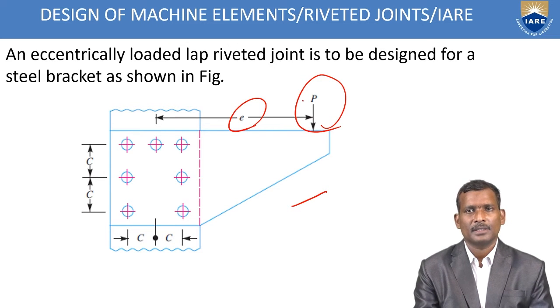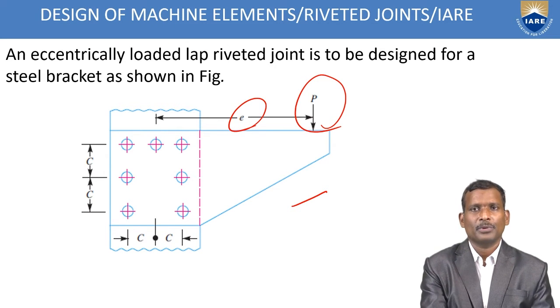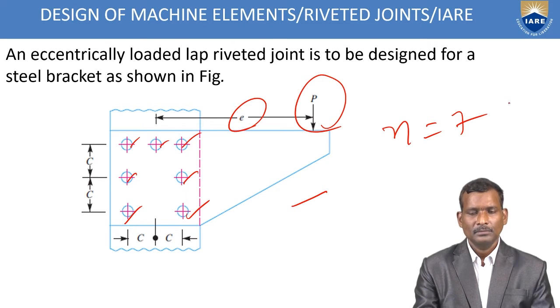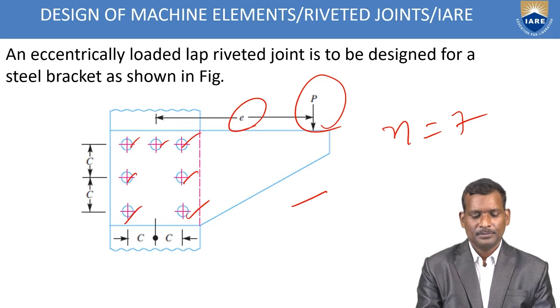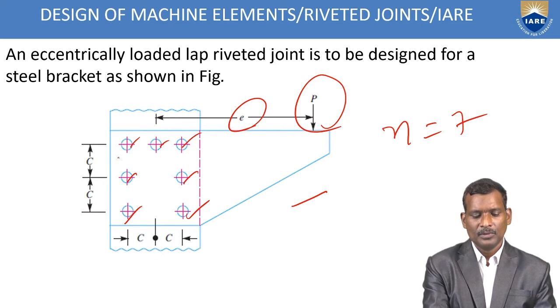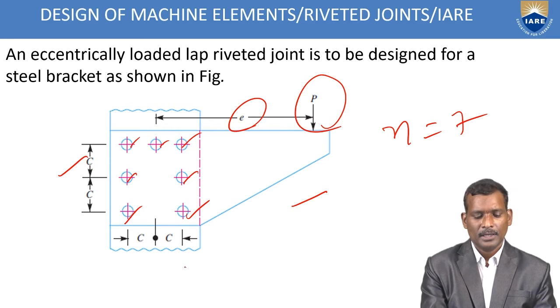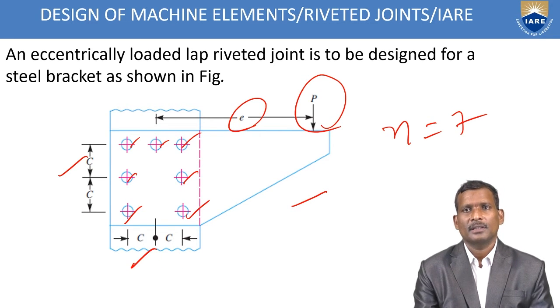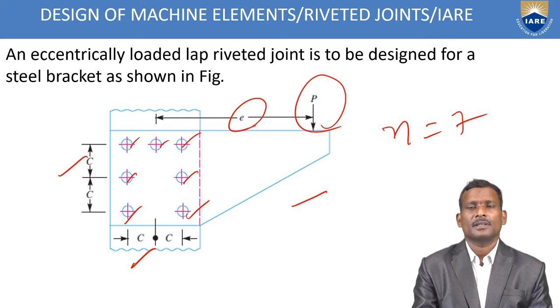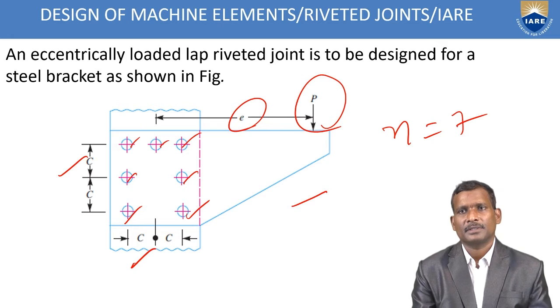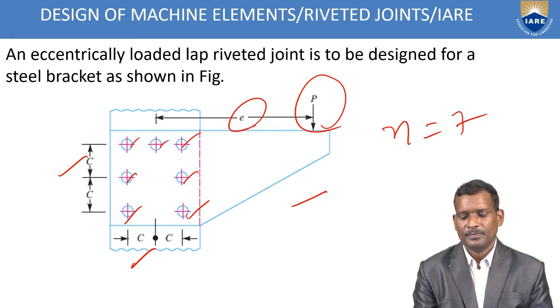The total number of rivets is 7. The perpendicular distances between rivets are C, and the linear distance is C given. For this eccentrically loaded lap joint, we need to calculate the size of the rivet.